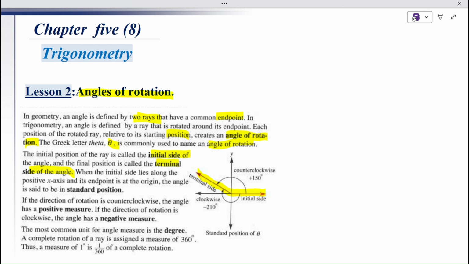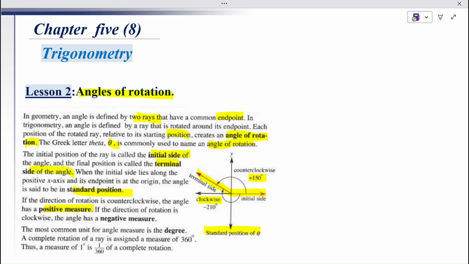If the direction of rotation is counterclockwise, the angle has a positive measure. Guys, here we have two rotations, clockwise and counterclockwise. If the direction of rotation is clockwise, the angle has a negative measure.